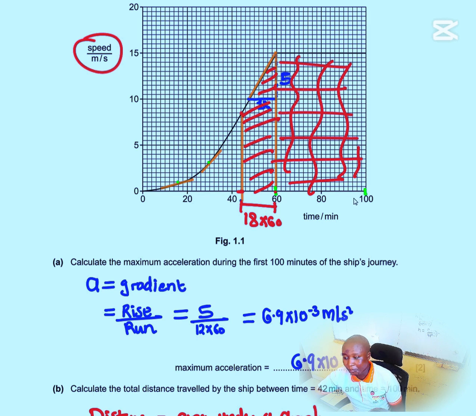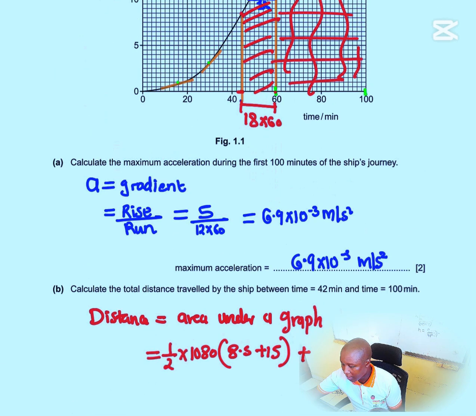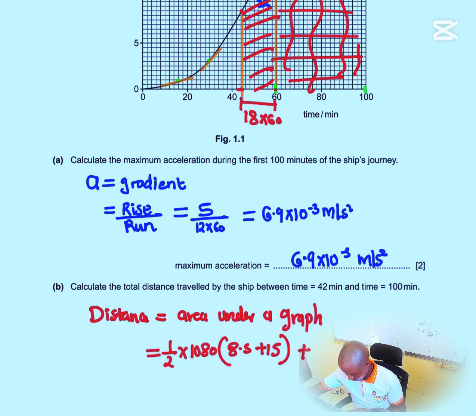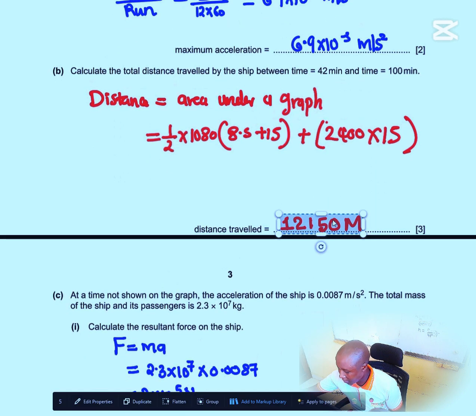And then the height is 15, so that is going to be translating to what? So 40 times 60 is going to be 2400 times 15. So if we work it out, I have to eliminate this one from here.